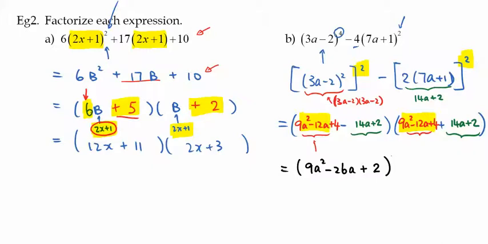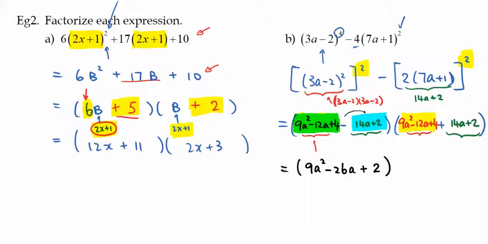Be very careful with the sign when you are adding or subtracting your terms. We are having this whole thing minus the second part here. You are going to distribute your minus into it.